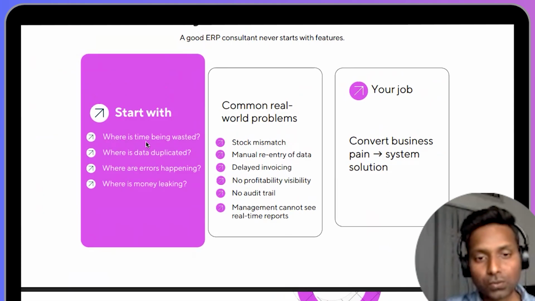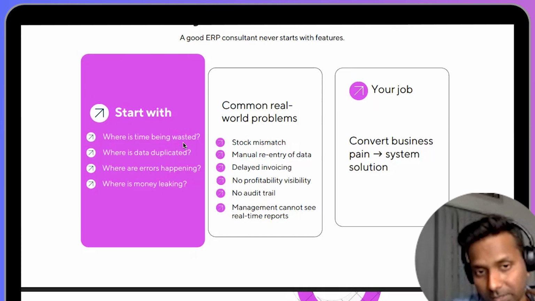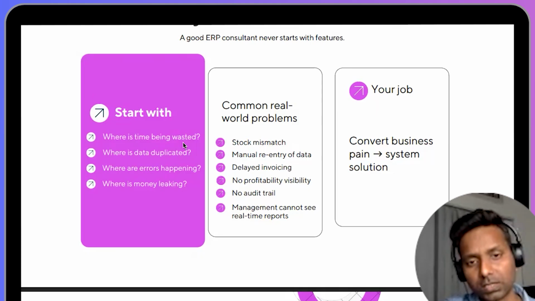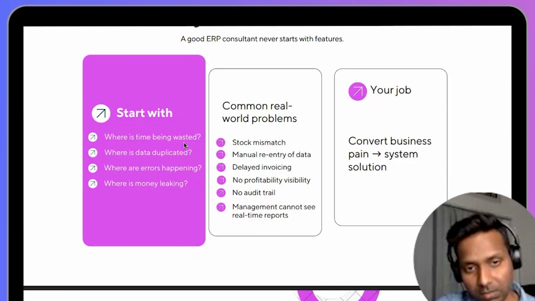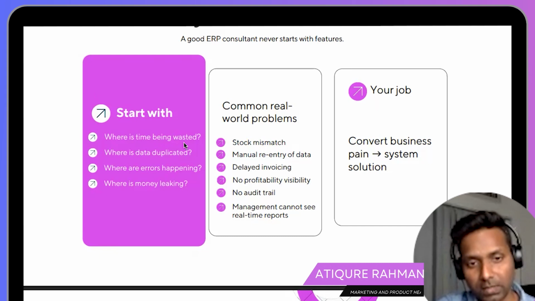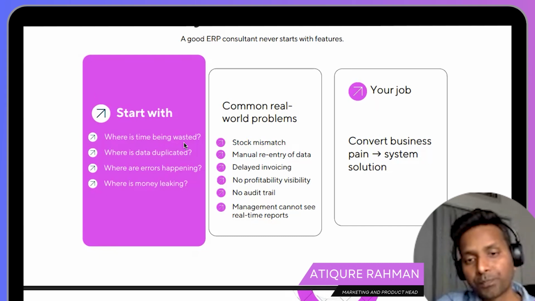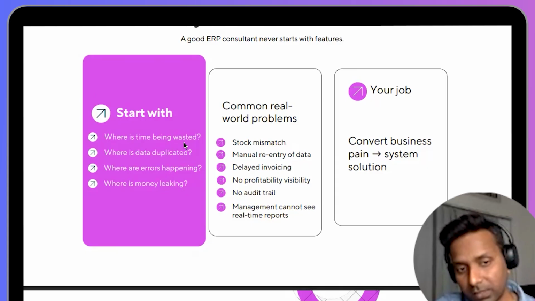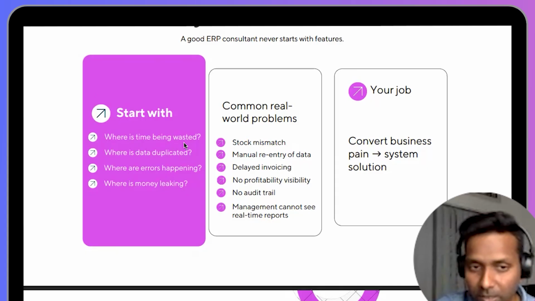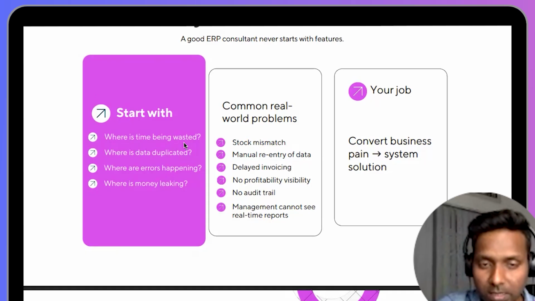So where is the time being wasted? When I was working in manufacturing, oil and gas and other companies, I used to see that either they have no data, or they have data in Excel sheets, and those Excel sheets you cannot share, and the MDs and the management are not getting real time updates. Even though they are managing data in Excel sheets, it is still not utilized up to the mark to take proper decisions.